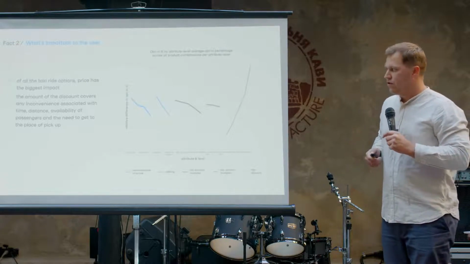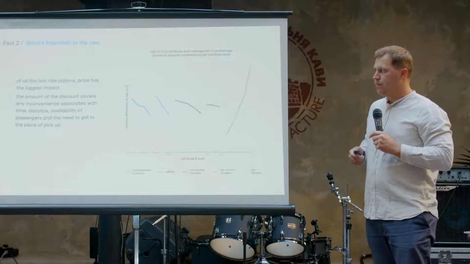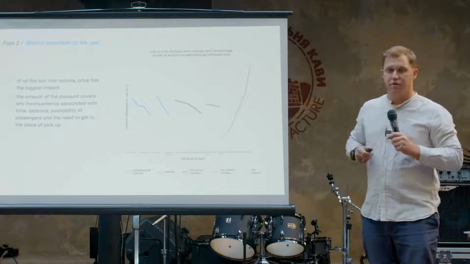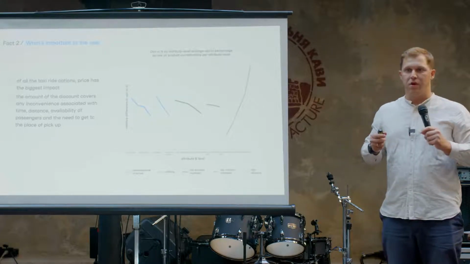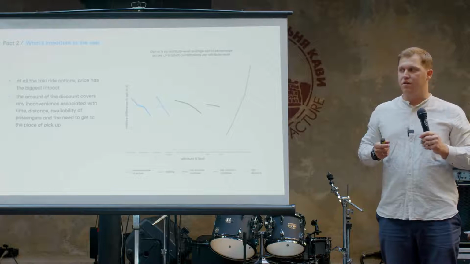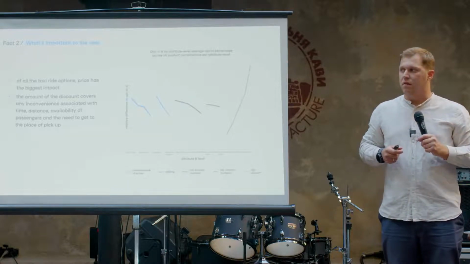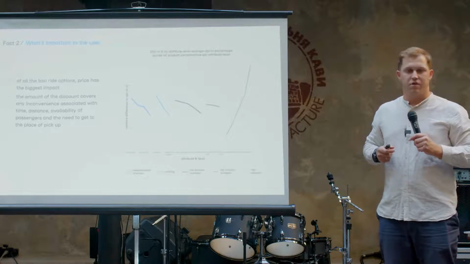The result of this research was surprising for us. We discovered that any inconvenience associated with time, distance, or availability of a service is covered by the amount of the discount.